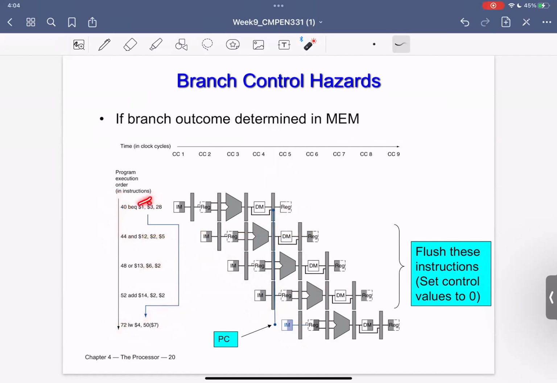Also, if it is not equal, this instruction has to be pushed down so I can fetch it at that particular clock cycle, or pipeline stage, in this case. Because of this, I have to flush this instruction, unfortunately, until I know exactly what to fetch.